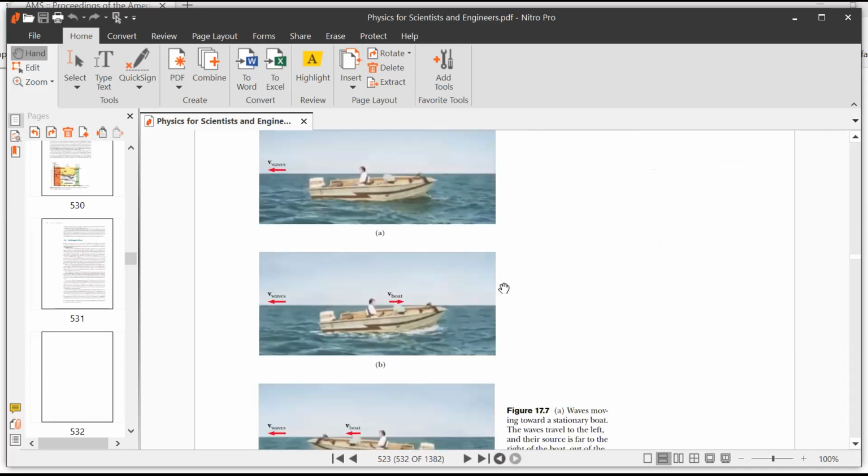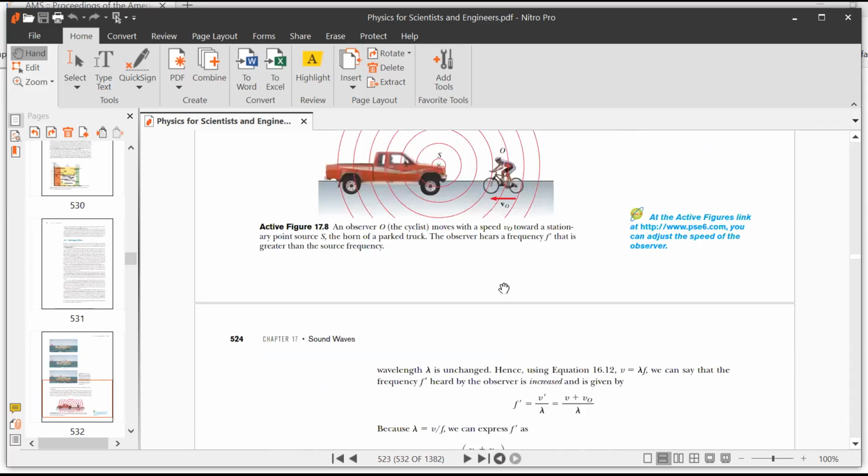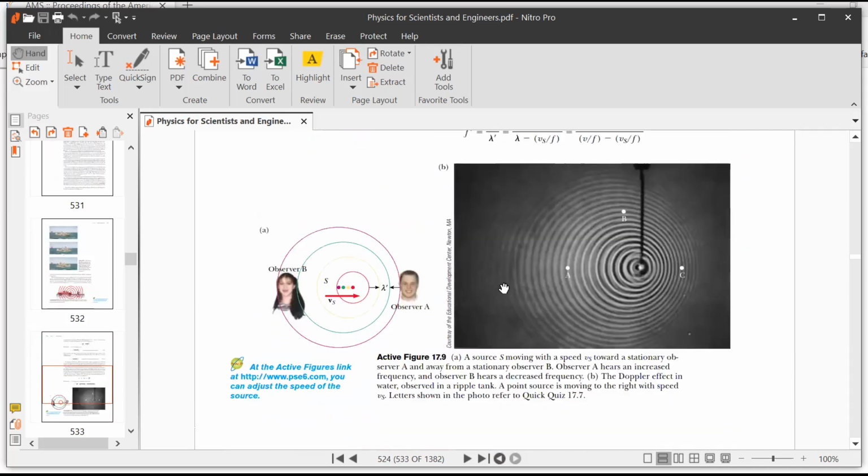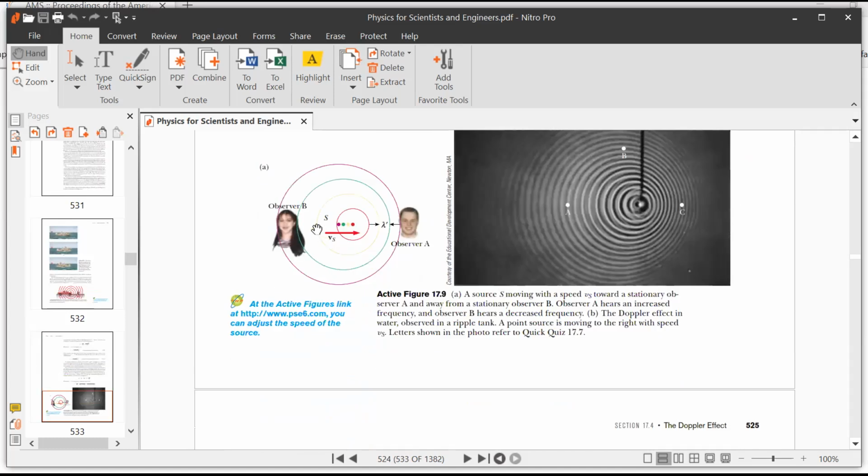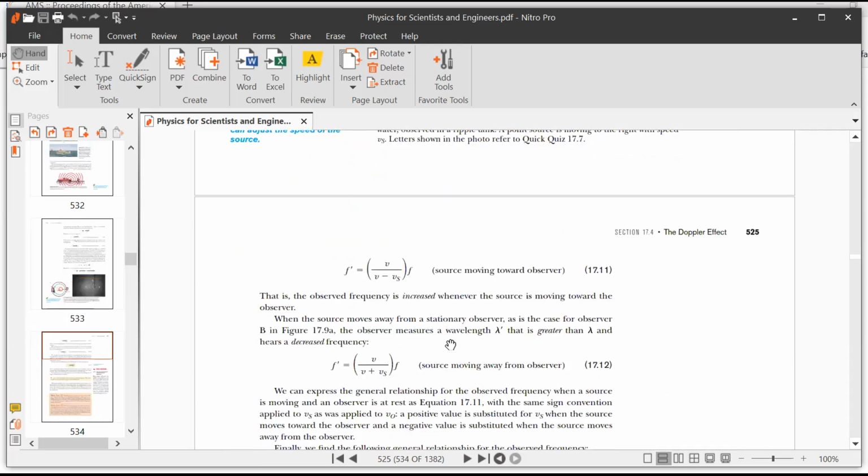So this is the Doppler effect. We have also discussed that when the source is moving towards the observer, the wavelength becomes shorter.